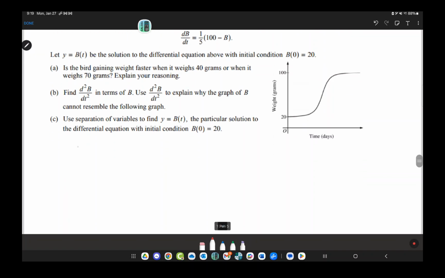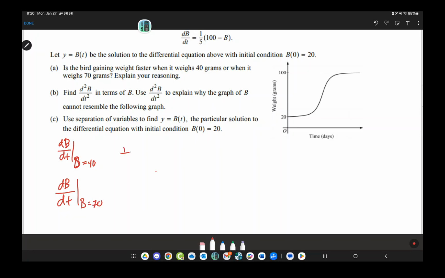So let's see here. We have dB/dt at B equals 40. We don't know if they're gaining weight faster, so we're actually looking at the rates in each situation, 40 and 70.